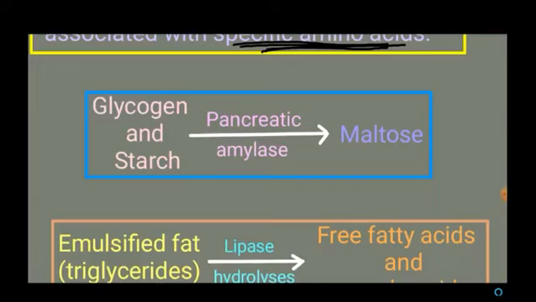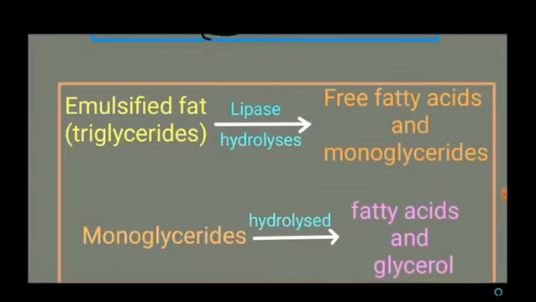The next enzyme is pancreatic amylase. This pancreatic amylase acts upon glycogen and starch and hydrolyzes glycogen and starch into maltose, which is a disaccharide. Next is lipase. Lipase acts upon the emulsified fat, which is called triglyceride, and hydrolyzes this triglyceride into free fatty acids and monoglycerides.